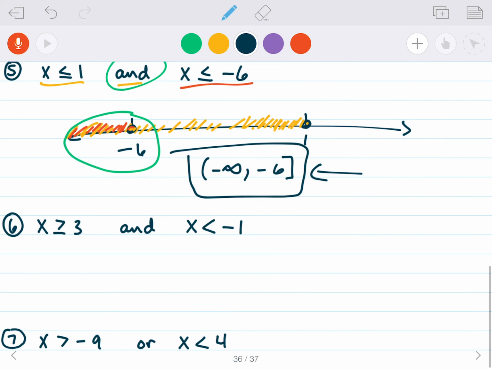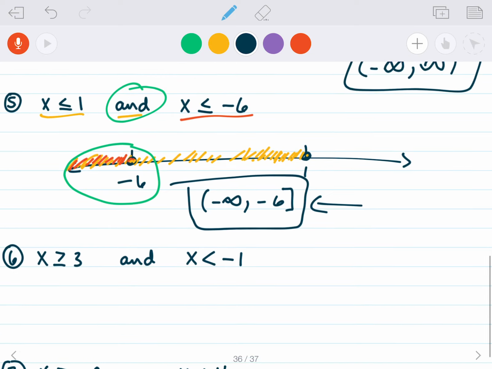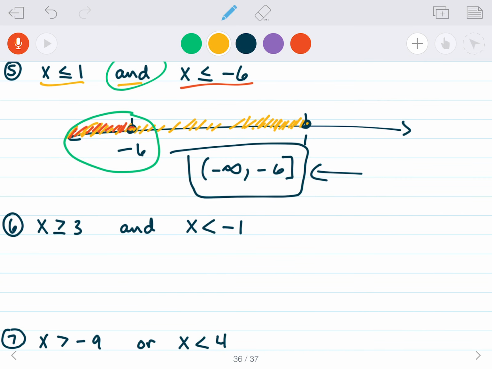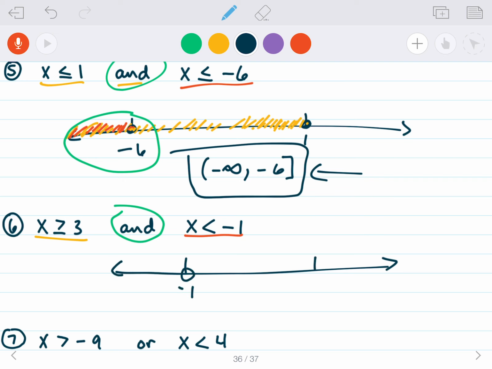Alright, so let's go ahead and, oh, we have 2 more. They just keep popping up here. So we have another and statement. So we're looking for the overlap between these 2 sets. So I'll draw this on my number line. I have -1 with an open dot, 3 with a closed dot, and for x is bigger than or equal to 3, I'm going to shade on 3 and to the right of 3.